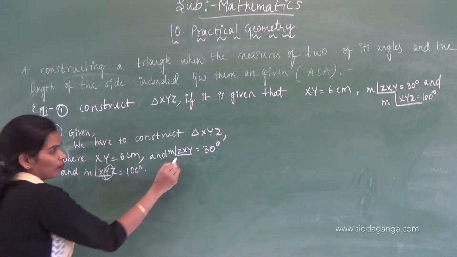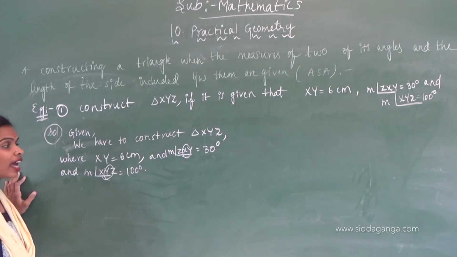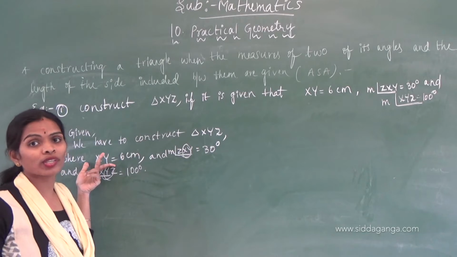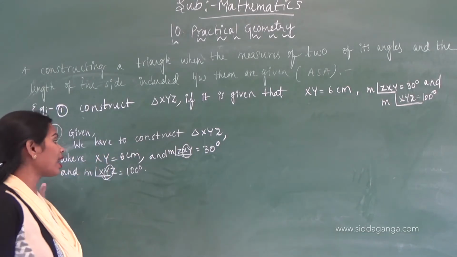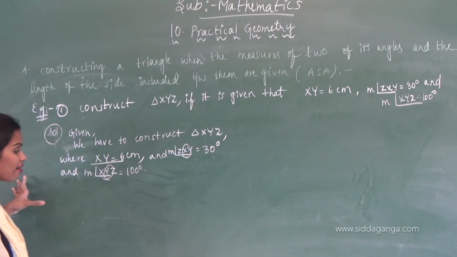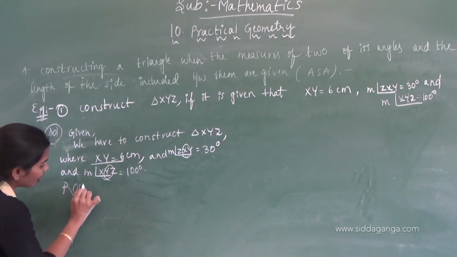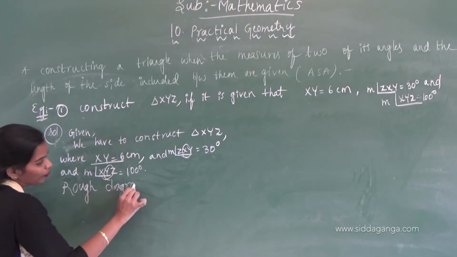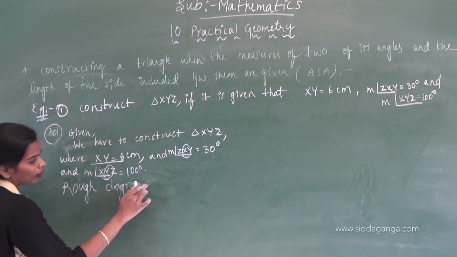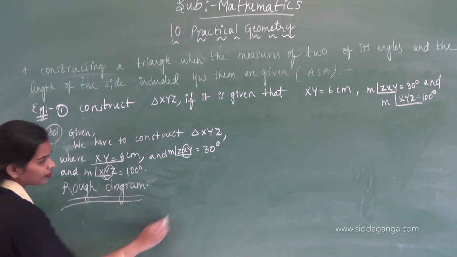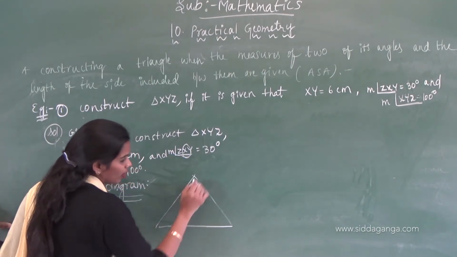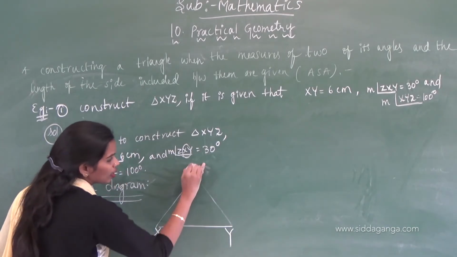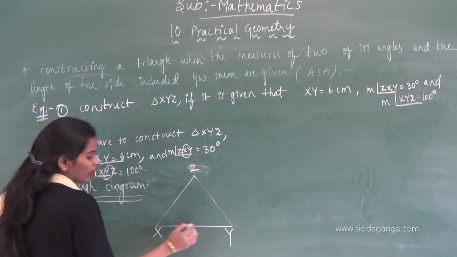They are giving the angles at X and Y, and one side, the base. What is the base of triangle XYZ? We have to take XY. I am constructing a rough diagram here, children. Taking XY as the base, with Z as the third vertex.